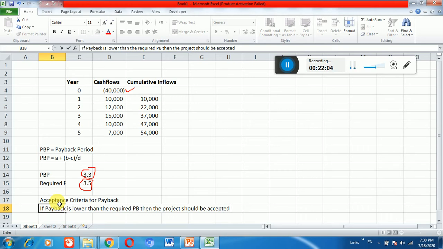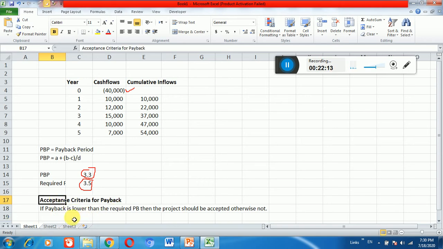Simply, otherwise not. So dear students, this is the acceptance criteria for the payback period.